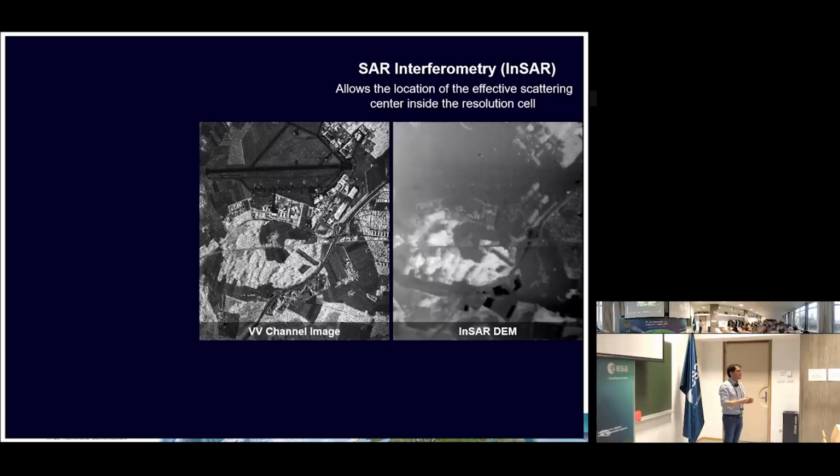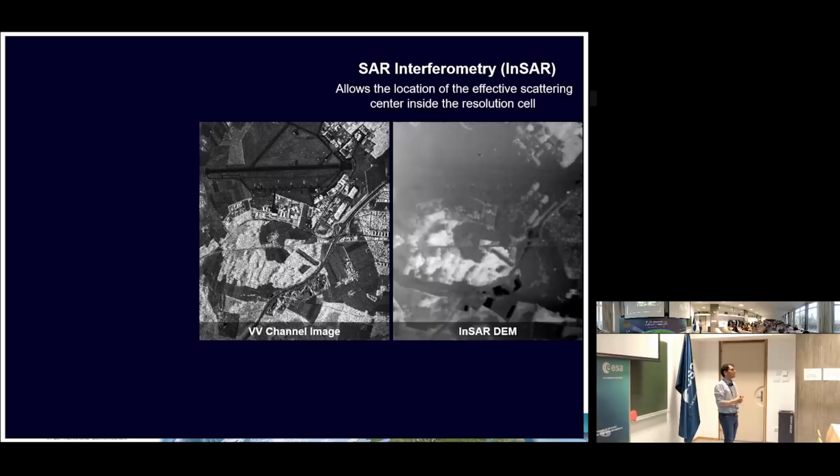And therefore, with interferometry, you can now start to connect. So let's say, in an image, you can now discriminate in the range direction. You can discriminate in the azimuth direction. But now with this phase difference, you can relate the phase difference to a height.